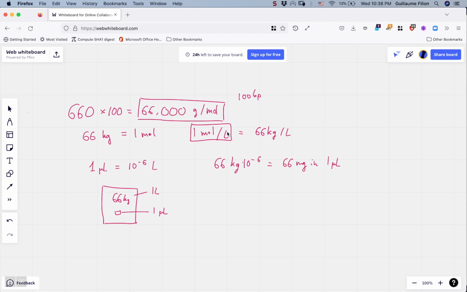And once I get this, I take a no-nonsense approach. I make a little drawing that tells me that in order to have the concentration in 1 liter, which is not very realistic for DNA, I just need to divide by 1,000,000 in order to get the concentration in 1 microliter. And that's the way I go step by step to sort out the difficulties of having to deal with products of different sizes, then different concentrations, and then going to the particular volume, which would be 1 microliter in this case.